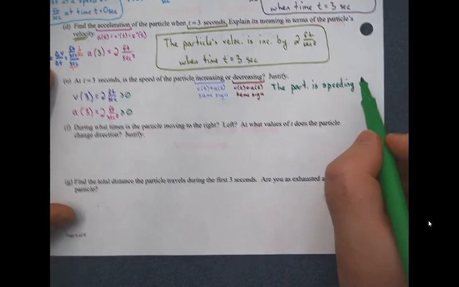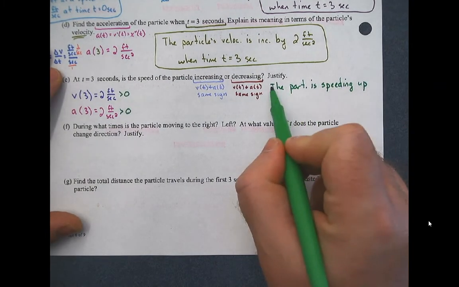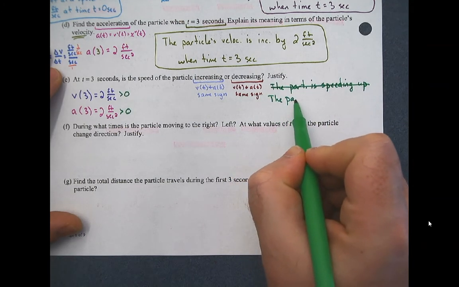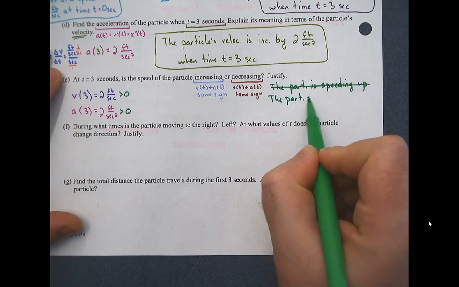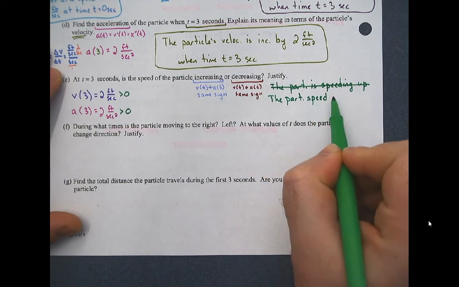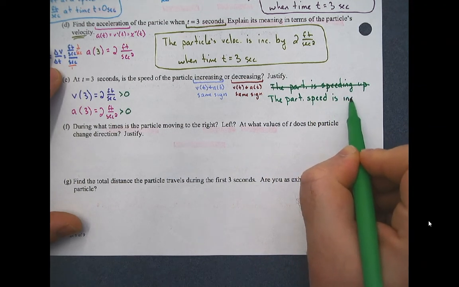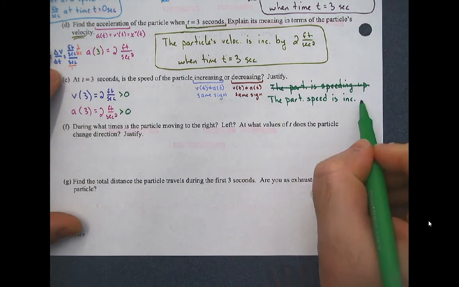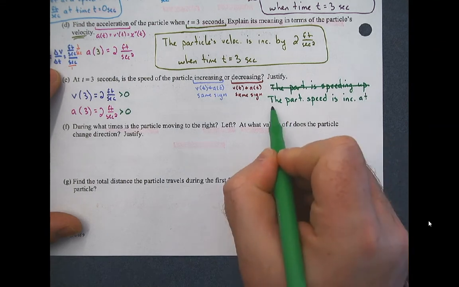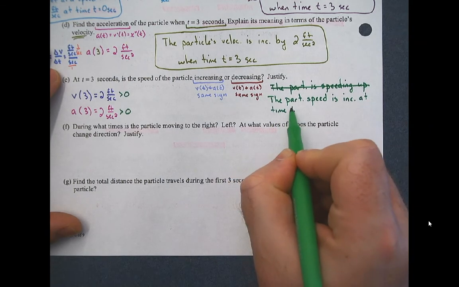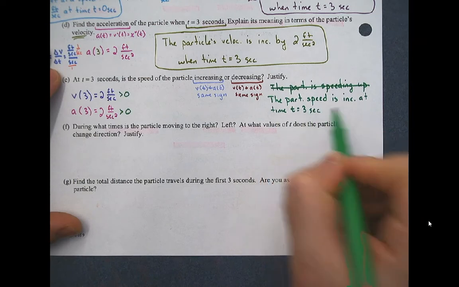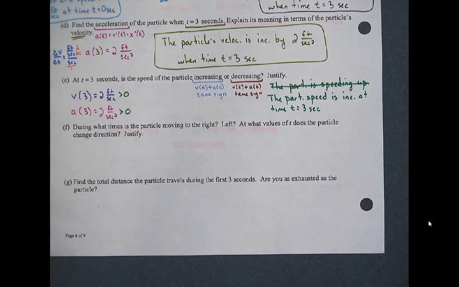The particle's speed is increasing at time t equals 3 seconds. Notice I said when. Now that's not enough because it said justify. That's just saying what's happening.